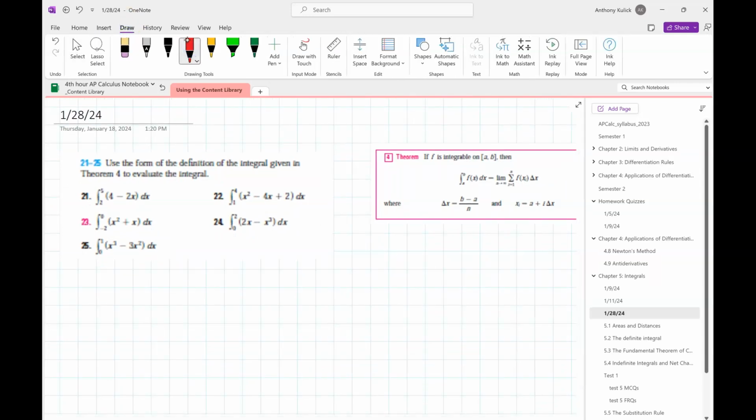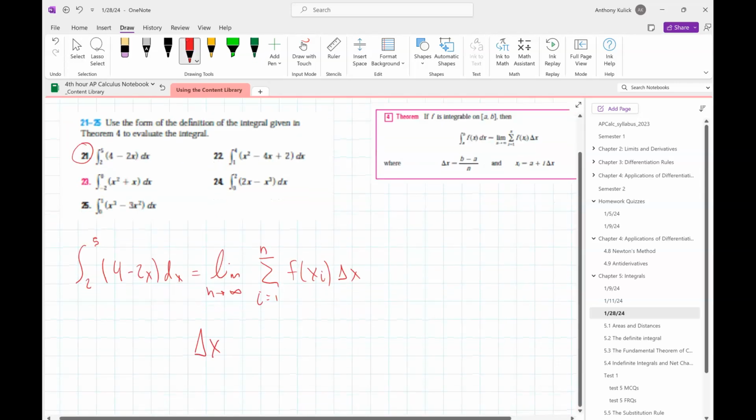So we're going to take 21 and we're going to start by converting that into a Riemann sum. So that's going to be the limit as n goes to infinity, the sum from i equals 1 to n of f of xi delta x, right?